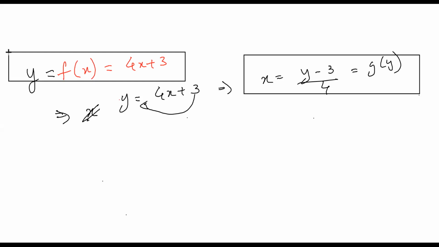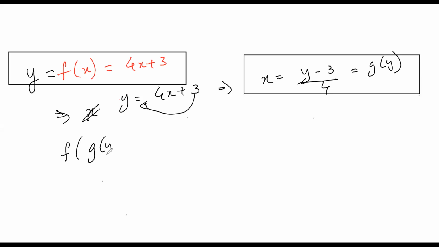This is my y value in this. So these are the two functions. Now what do I have to do? I have to simply substitute this. Find f of g of y. If I'm doing f of g of y, then what is my g of y value? Y minus 3 by 4.